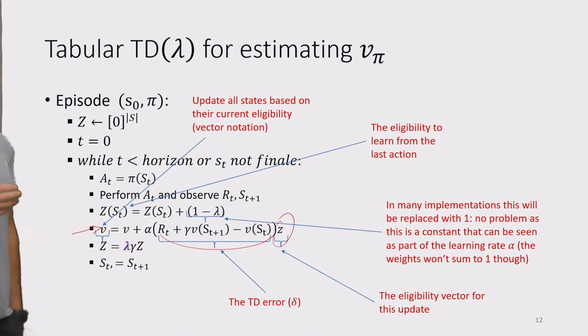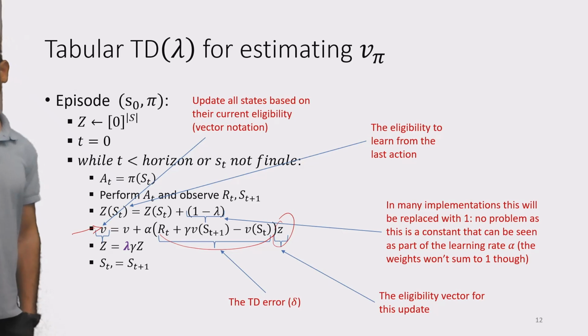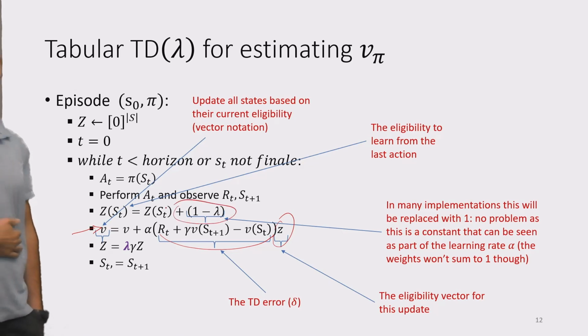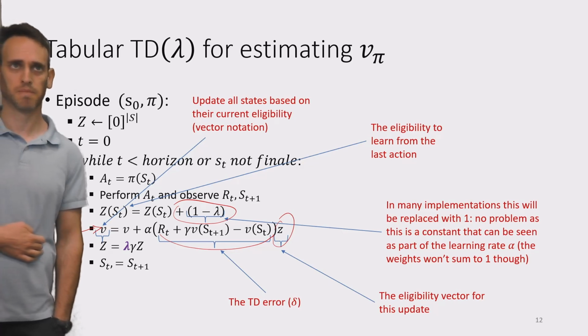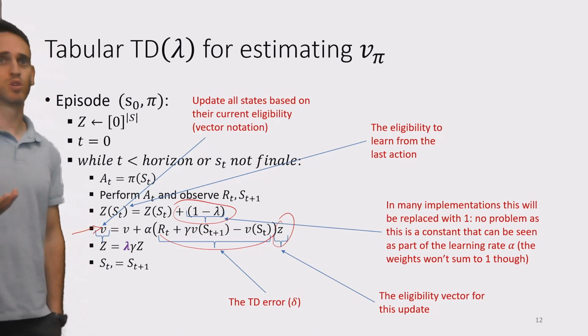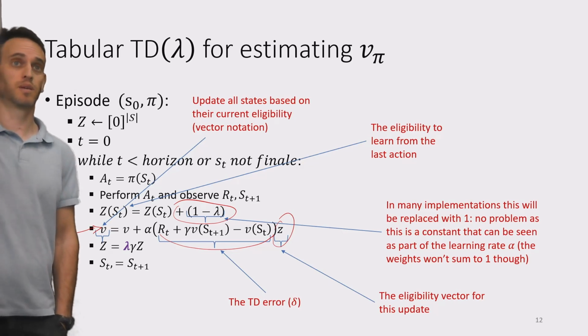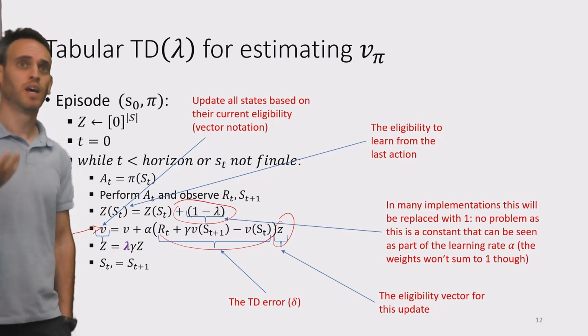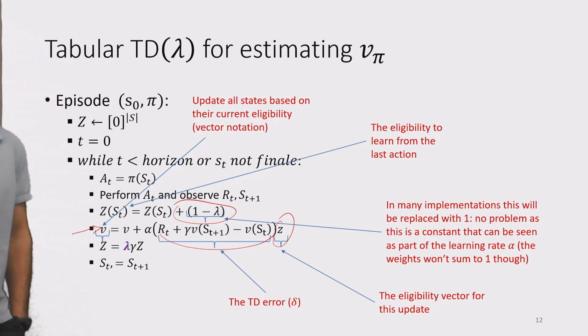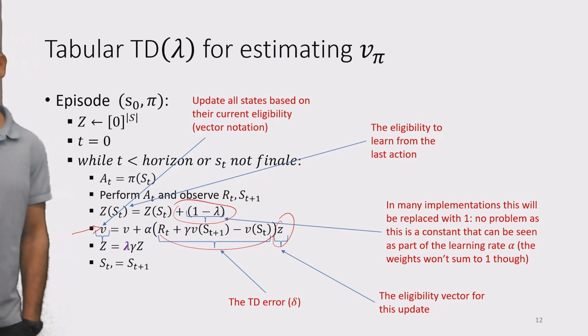So of course we will do this update to the state s_t, the one that we just saw, with 1 minus lambda eligibility. But we'll also do the same for the state that we saw 2 steps ago with some diminishing eligibility, and for one that we saw 3 steps ago, and so on. We'll update all of the previous states based on their eligibility.